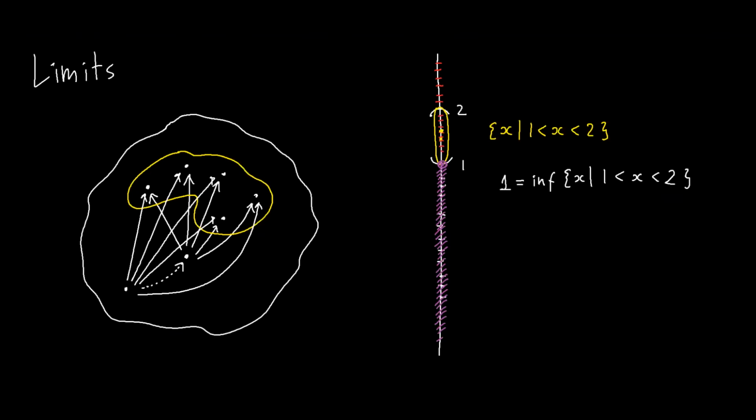Those points that try to break the boundary of this yellow set on the bottom boundary, but never actually do. So they remain in the yellow set, but they try to come as close to the boundary as possible. That sequence of numbers will have limit 1, and that's the motivation for the term limit.